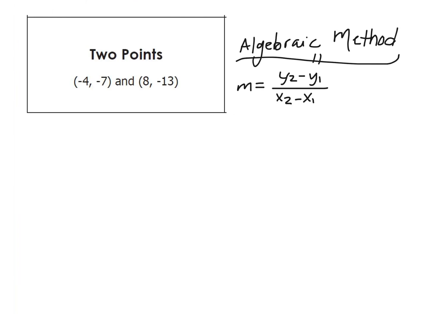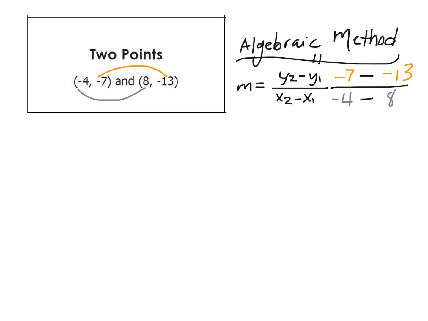Now you do need to remember that the slope formula, okay, is y2 minus y1 over x2 minus x1. Okay, so what I'm going to do is -7 minus -13, and then on the bottom I will have -4 minus 8.